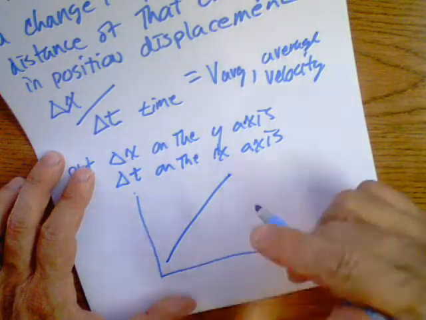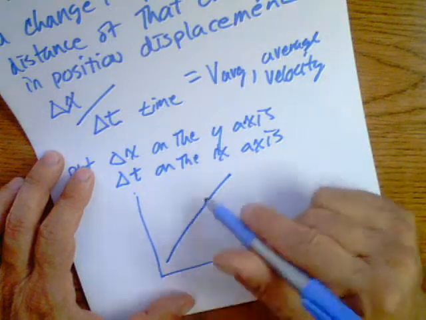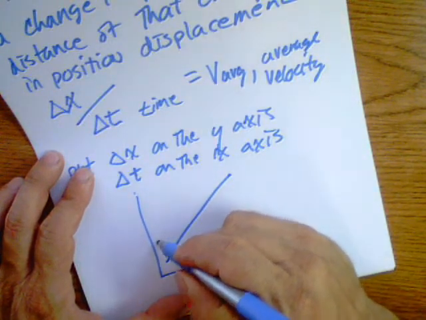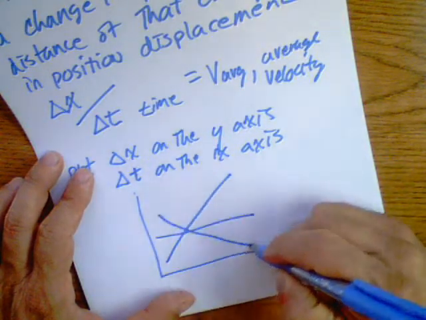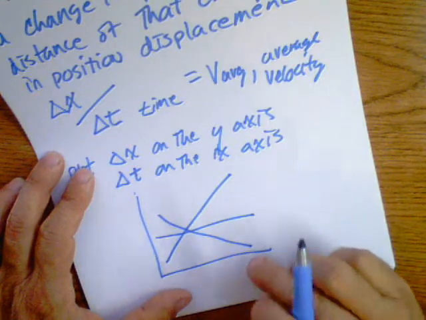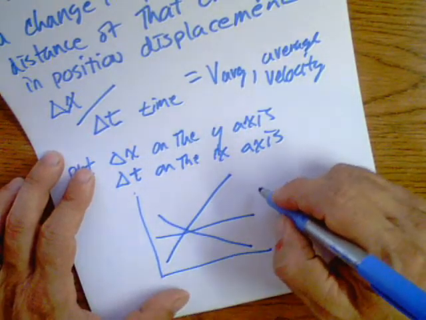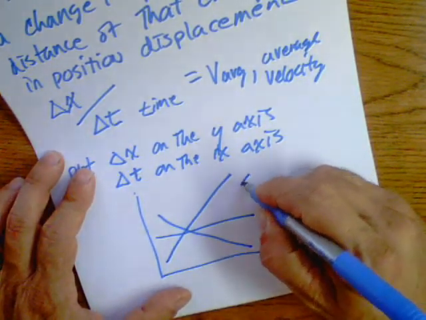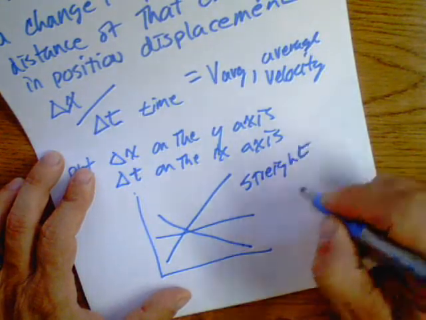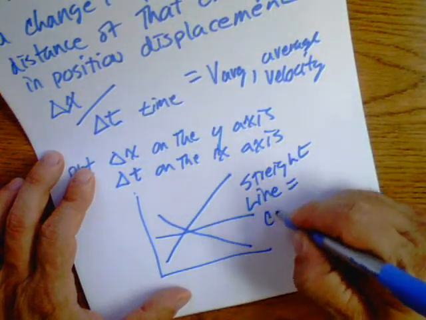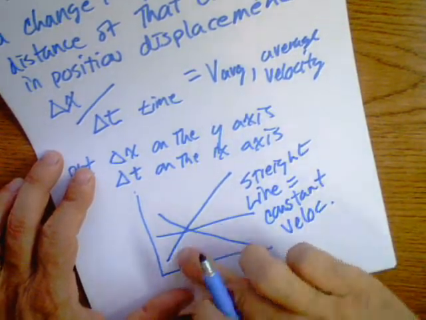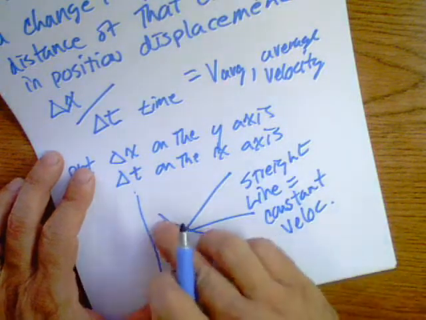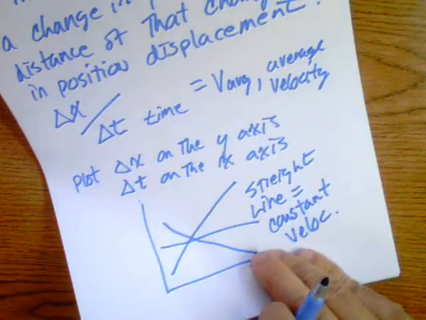In this straight line, what we have is a constant increase in velocity. This straight line would be no velocity, and in this case we have decreasing constant velocity. So a straight line equals constant velocity. If it's up, it's positive. If it's down, it's negative, or you have no velocity at all, if it's a straight line.